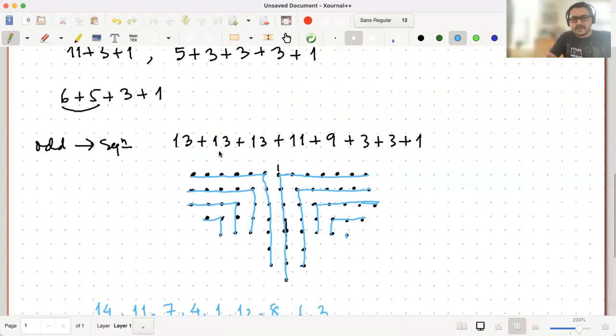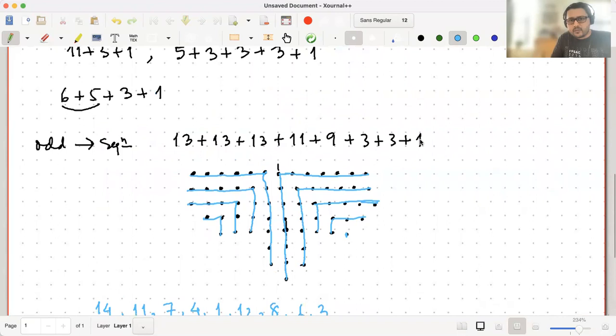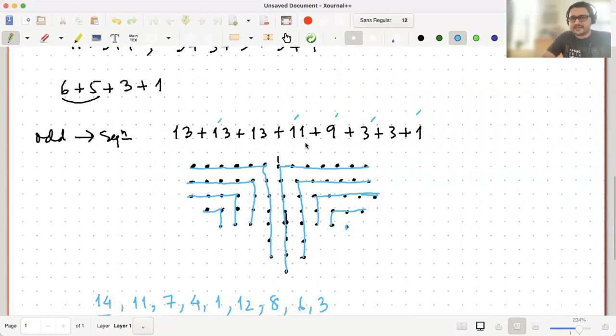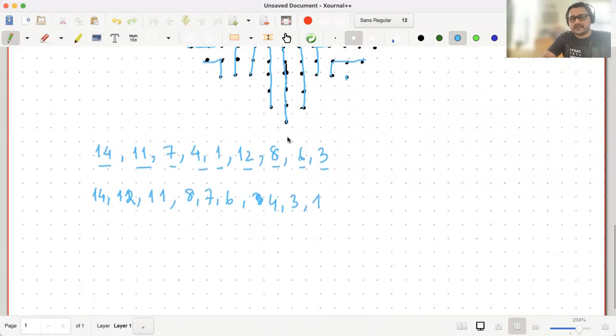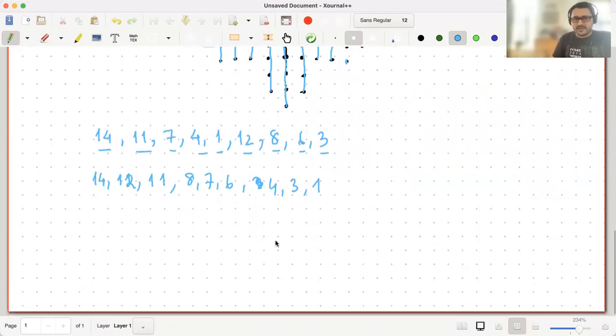In my original partition, I had 1, 2, 3, 4, 5 distinct odd parts. And in my new partition, I should have 5 separate sequences of consecutive parts. And I really have that, because this is 1, this is 2, this is 3, this is 4, and this is 5.